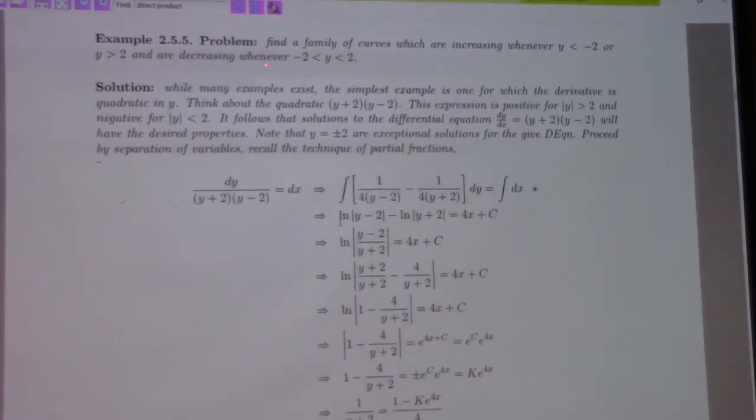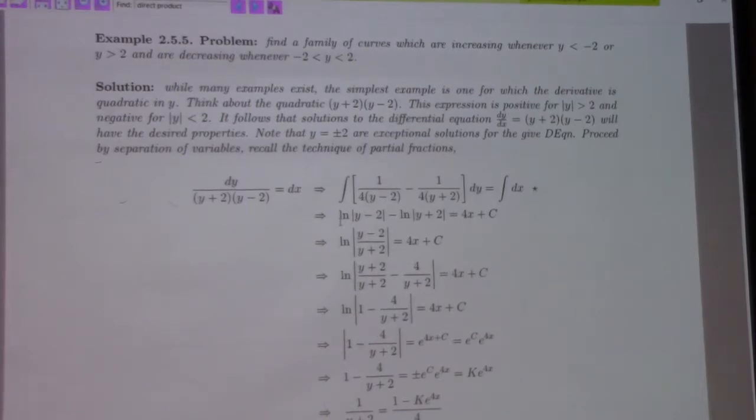So here's an interesting problem. Find a family of curves which are increasing for y less than minus 2 and y greater than 2, but are decreasing whenever y is between minus 2 and 2. So basically the function you're thinking about is this quadratic, like (y plus 2)(y minus 2), that has that behavior. It's positive beyond 2 either way, and between the intercepts for the quadratic, it's negative, right?